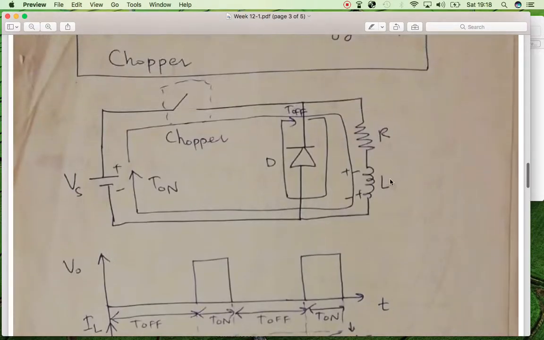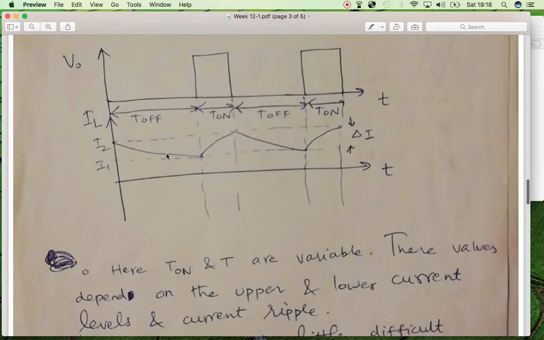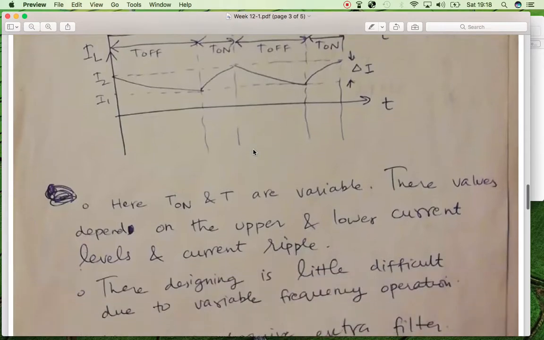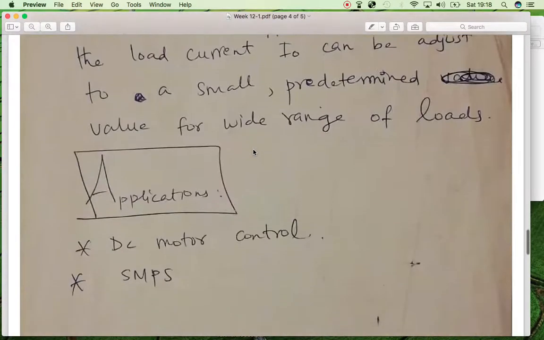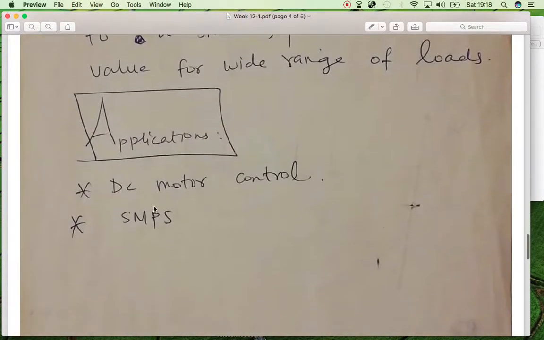You can see by varying these parameters of the load, we can control the ripple of the current, and in that way, in many power electronic circuits we require the current to vary. So it has many applications in those complicated circuits in which we have to vary the current on the load side, and we can use this circuit there. And there are multiple applications of it.